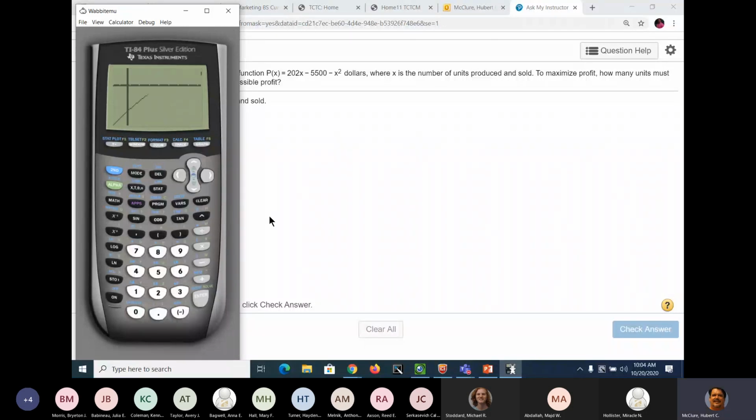All right, that gives us an indication, so I can zoom out now. Zoom out. Put that almost in the center. There we go. I'm going to take my zoom box, and I'm going to make sure I cover the Y-intercept and the X-intercepts.